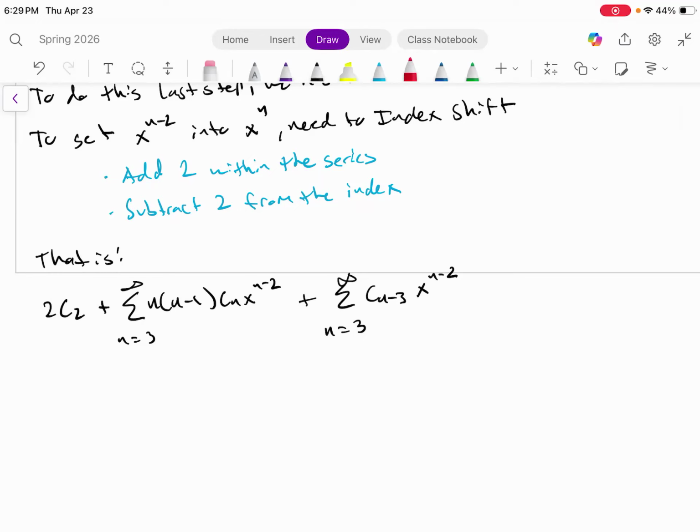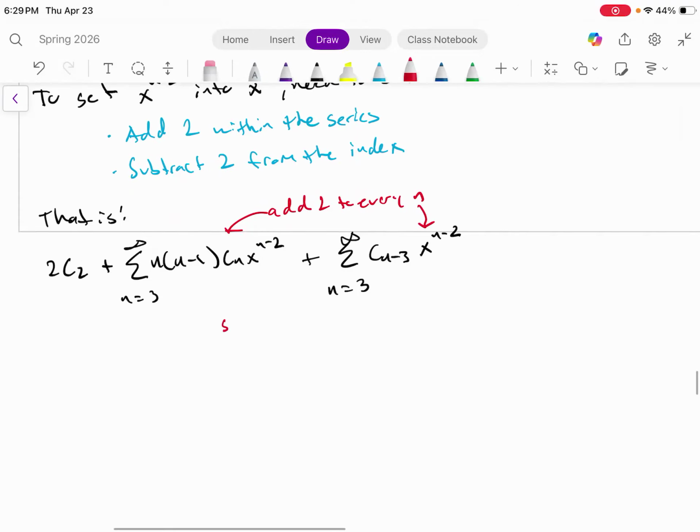Okay, so within the series, I need to add 2 to every n. And if I'm doing that index shifting, that means I need to subtract 2 from the index.